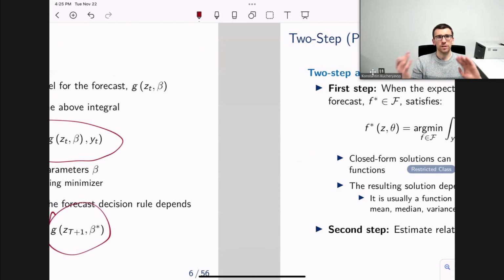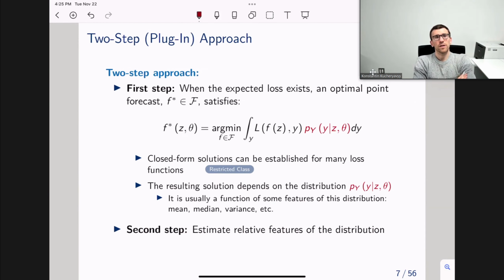Now, there is an alternative which is more widely used. I would say that usually when you learn about model estimation, you often learn it through the lens of the two-step or so-called plug-in approach. The difference is that we don't go to the sample analog.